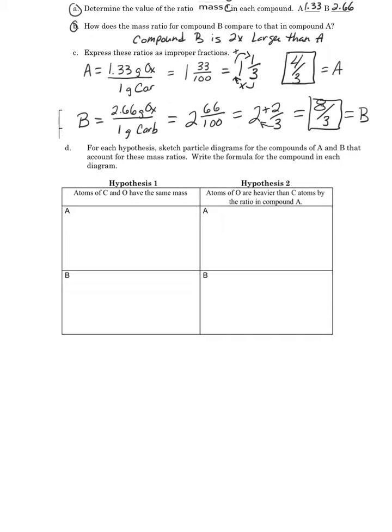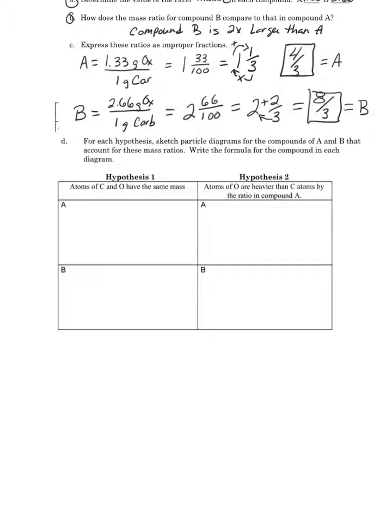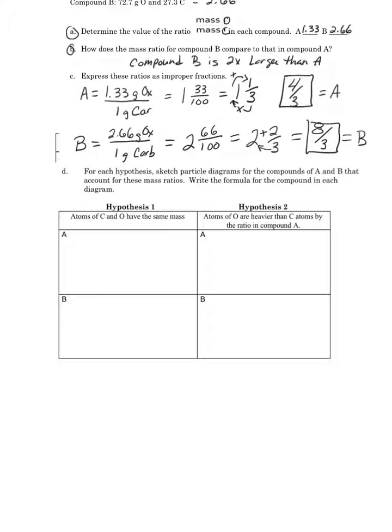Now there are 2 different hypotheses we can look at here. We've got hypothesis 1, where our idea is that atoms of carbon and oxygen have the same mass.